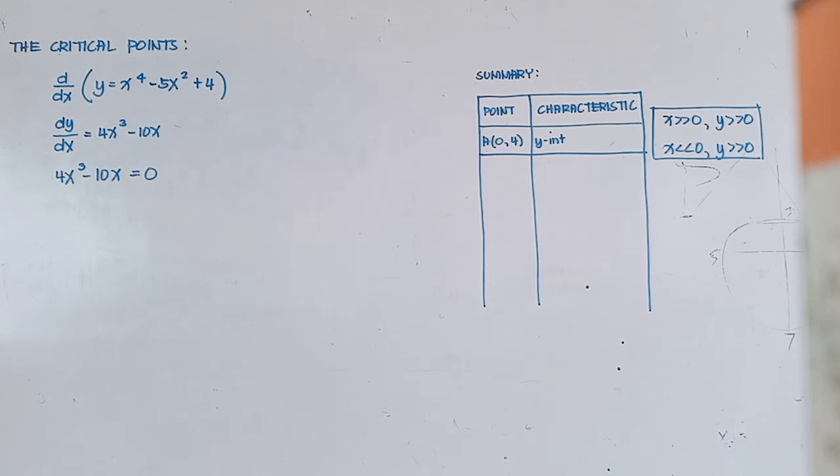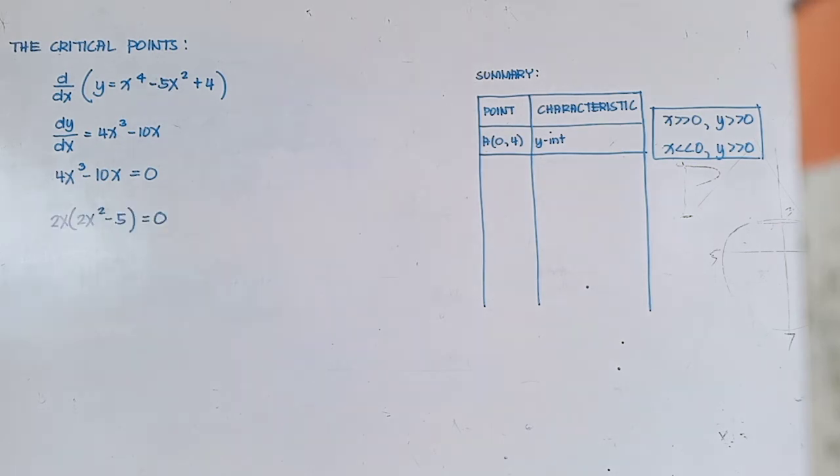So if we equate the slope of a curve to 0, it means we are trying to determine a slope which is a horizontal line, because the slope of a horizontal line is 0. So this tangent line to the curve is simply a horizontal line.